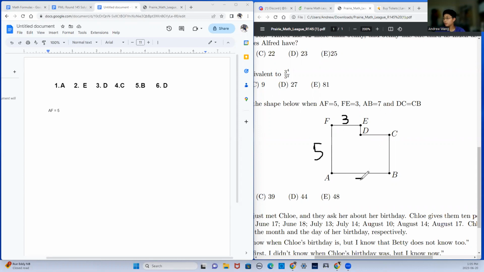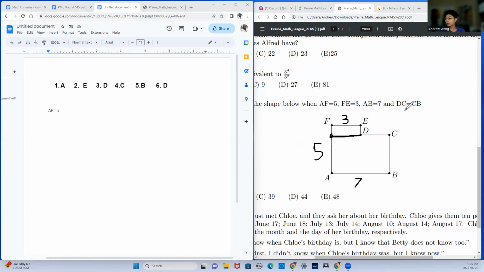And if you kind of see this figure, it kind of looks like 2 rectangles. So I'm going to draw a line here. Draw this line. And so this actually helps us so it's easier to calculate the area. And okay, now let's get back to it.